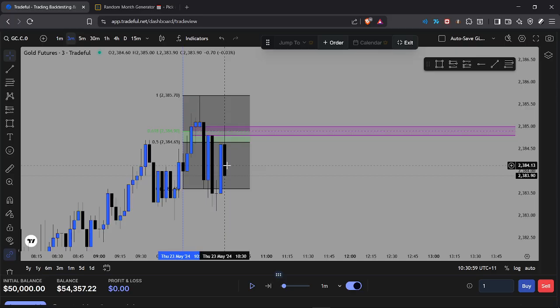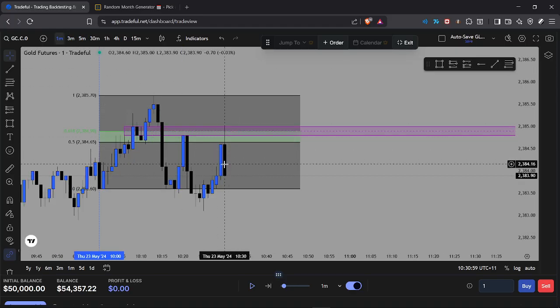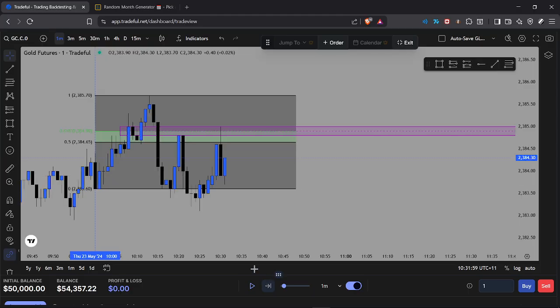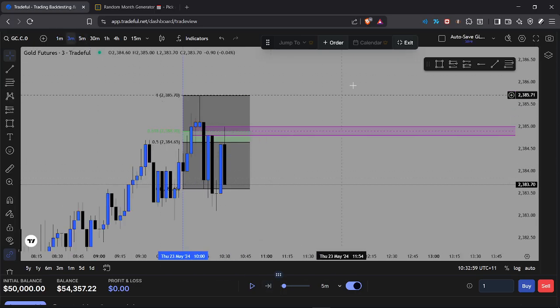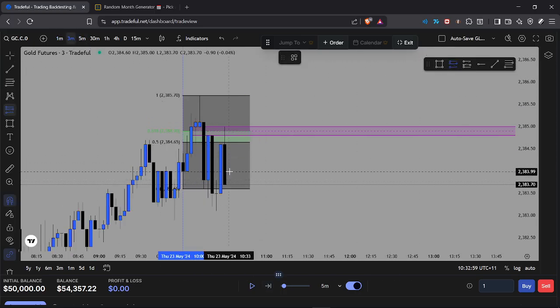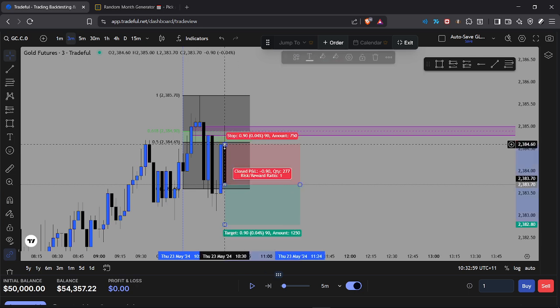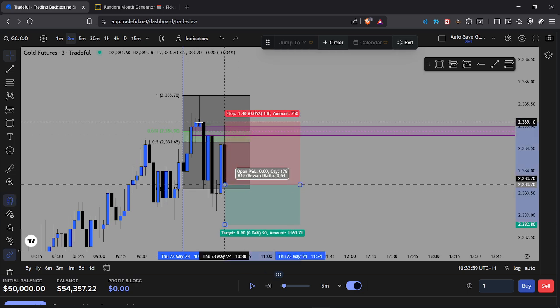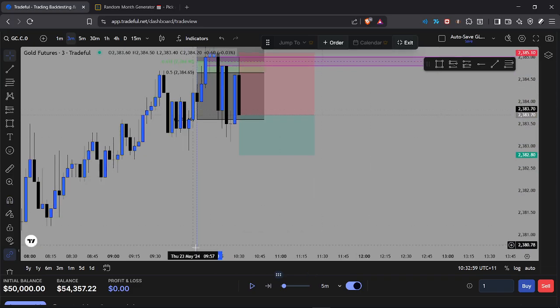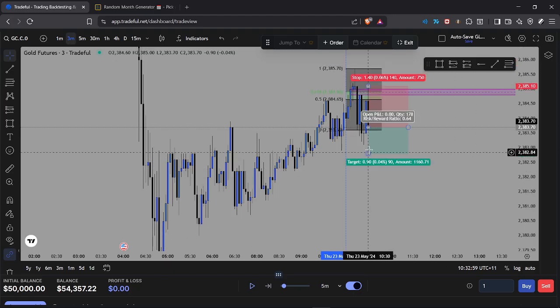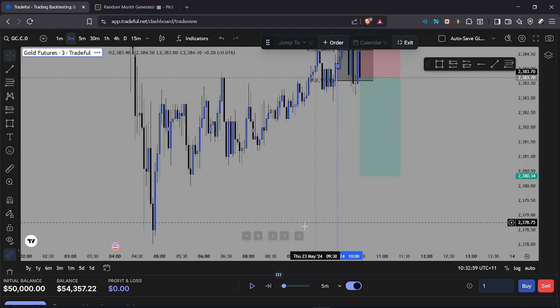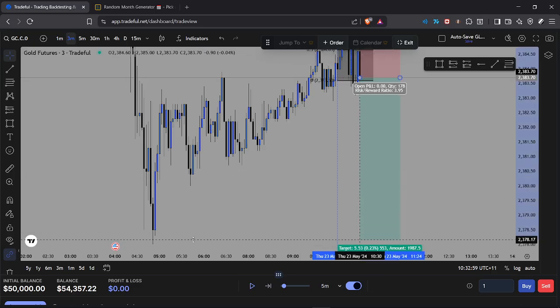Okay, that's good. 10:30, so 10:32 is when the candle closes, which is this one. Now we're free to take this. Give a bit of room to the stop loss. And then take the short to here.